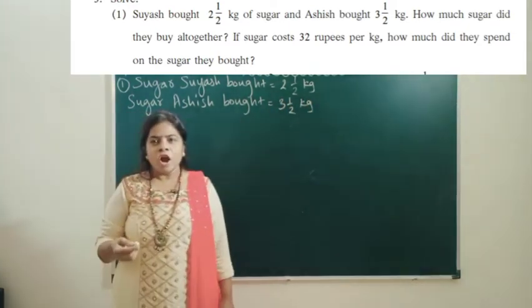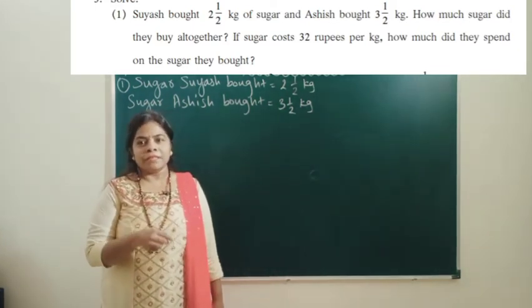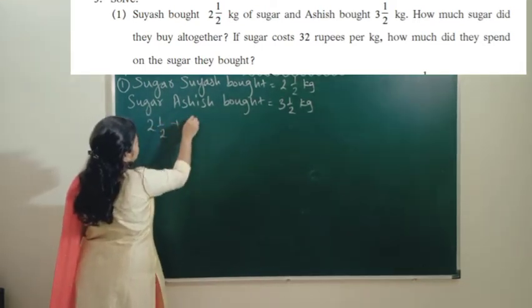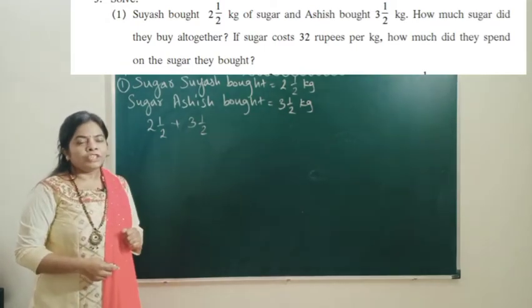They are asking how much sugar they bought altogether. Altogether means plus. We will add them. That's how we are adding the statements, children.